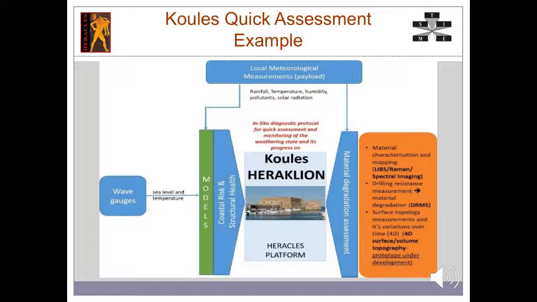And then a characterization of material degradation using portable equipment was used: drilling, resistance measurement, surface topology measurements, and some particular instruments that provided a rather quick assessment of the weathering state and how quickly it was progressing in this particular monument.